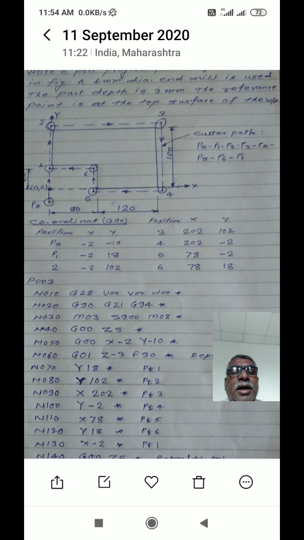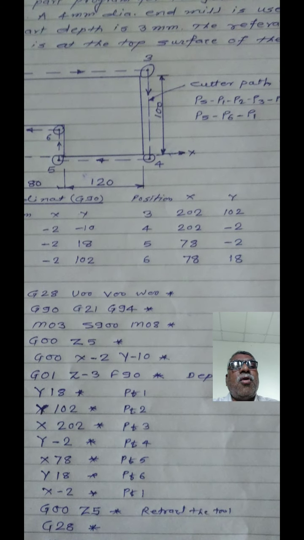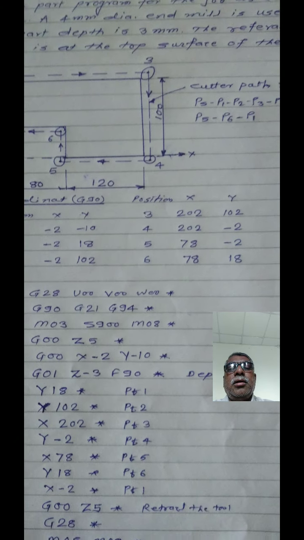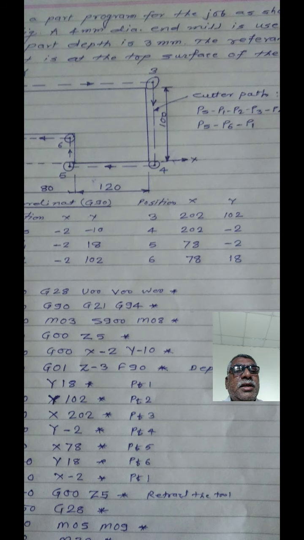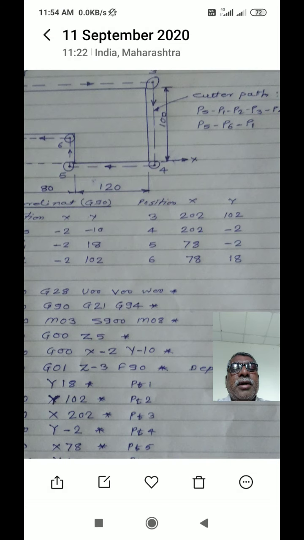This is a tool movement for performing the machining operation, which is known as cutter path or tool path as shown in figure like PS, P1, P2, P3, P4, P5, P6 and P1.